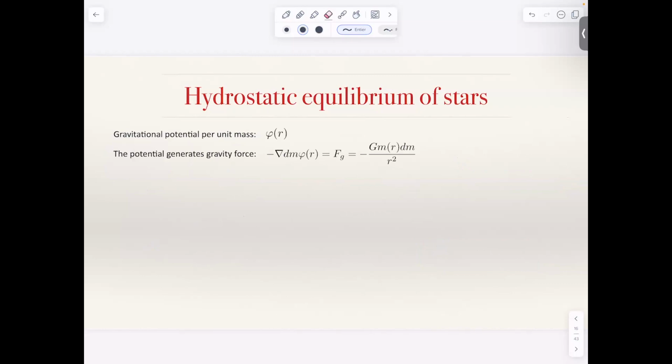So you could also describe the equations in terms of the gravity field per unit volume, which is phi. Since it generates a force, you know that this gravity potential per unit volume, if you just take the gradient of that, you have minus the force.